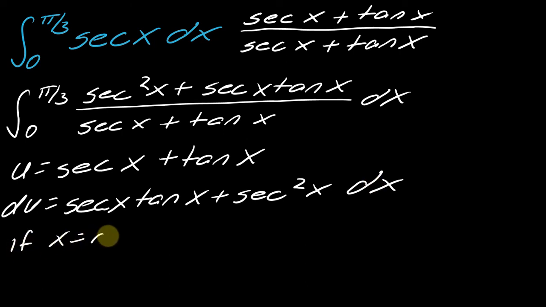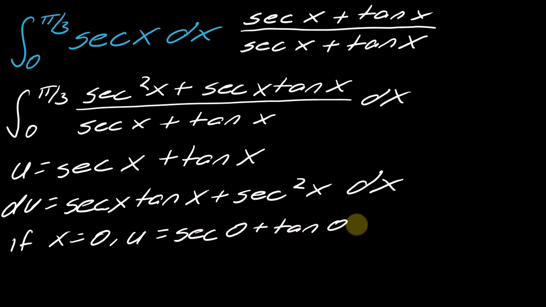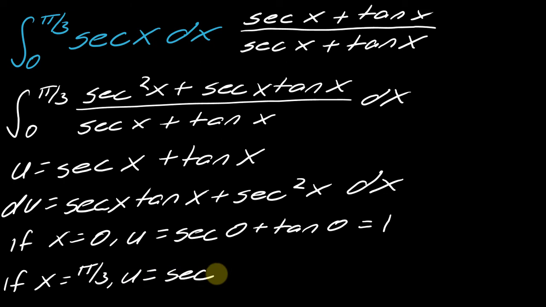And then if my x is equal to 0, then my u is going to be equal to secant of 0 plus tangent of 0, so that equals 1. And then if x is equal to pi over 3, then I need secant of pi over 3 plus tangent of pi over 3.